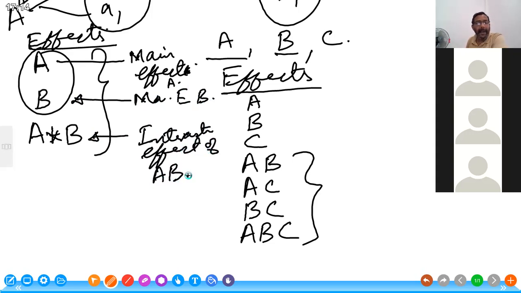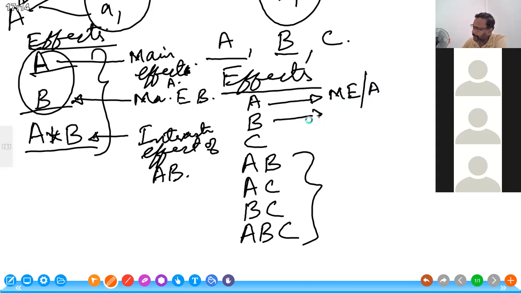I hope everybody is writing down. So this is main effect A, main effect B, interaction effect of AB. Similarly, this is main effect of A, main effect of B, and main effect of C.